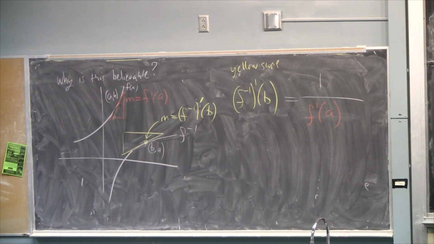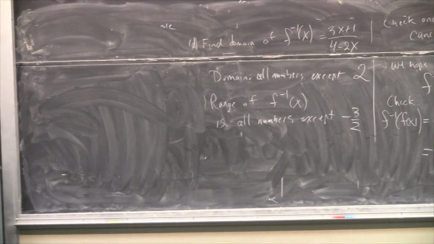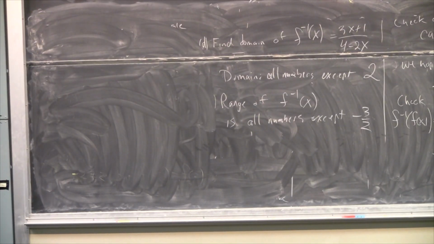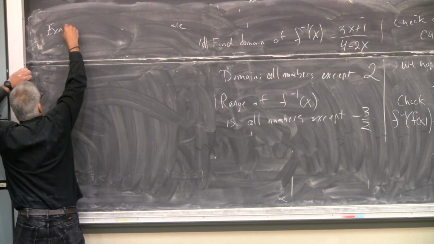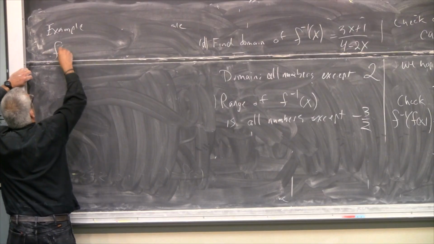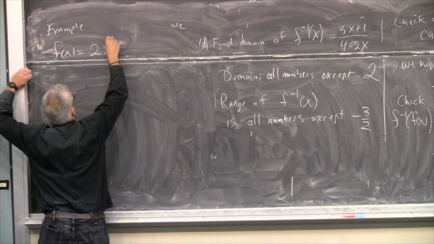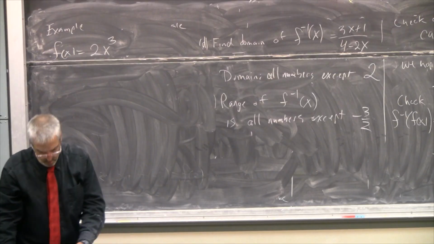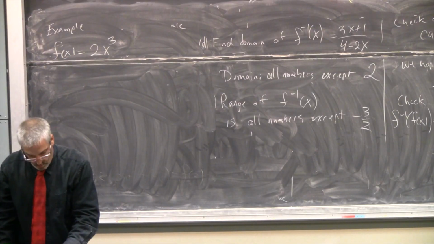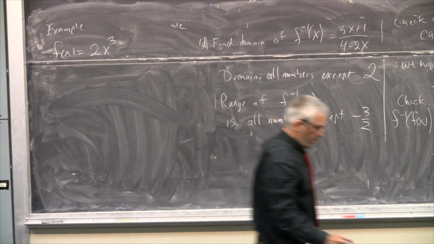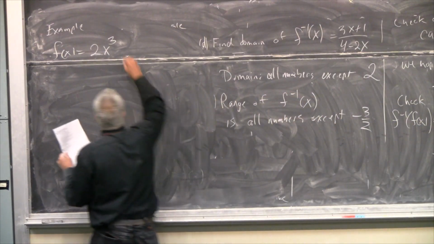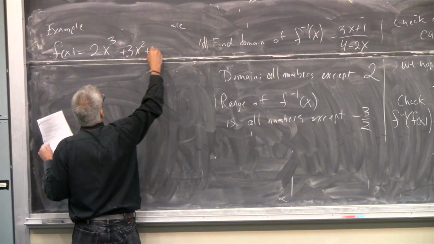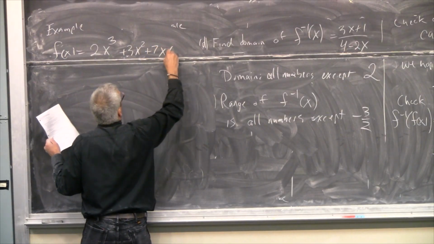So let's do an example. f of x equals 2x cubed plus 3x squared plus 7x plus 4.